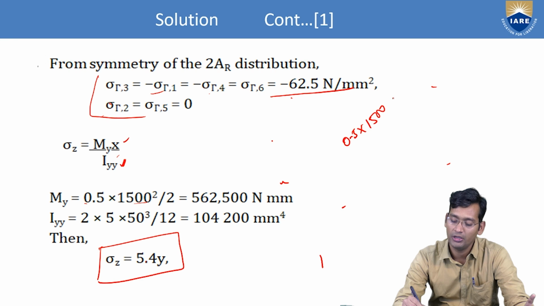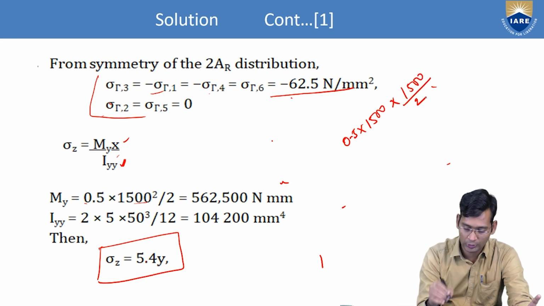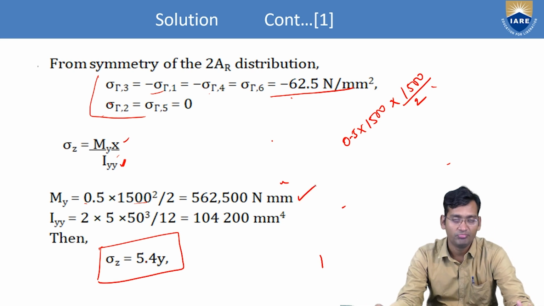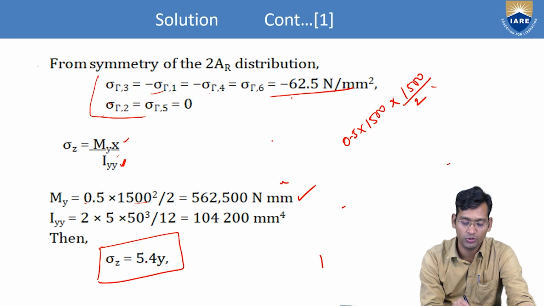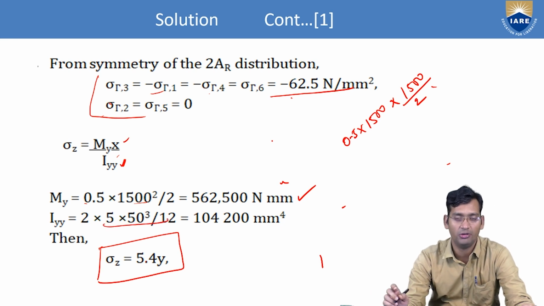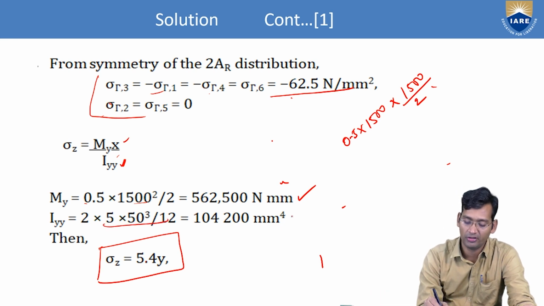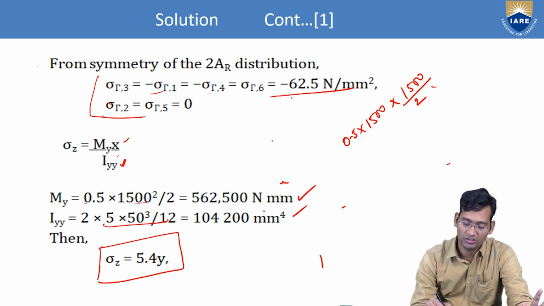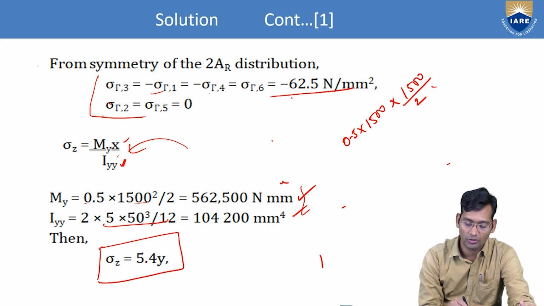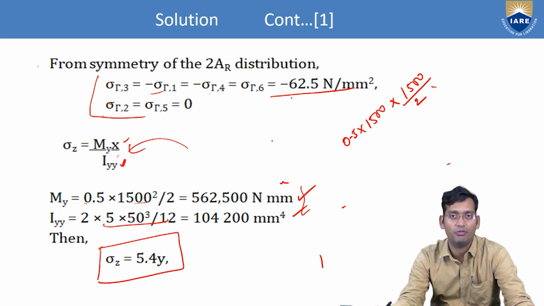This is load into perpendicular distance, so 1500 divided by 2. So you will get My. Next is Iyy. Iyy is 2 into bd cubed by 12. Both sides are symmetric, so simultaneously for both, after multiplying, you will get 104, 200 power 4. Now just substitute these two values here. After that you will get sigma z equals to 5.4 y.